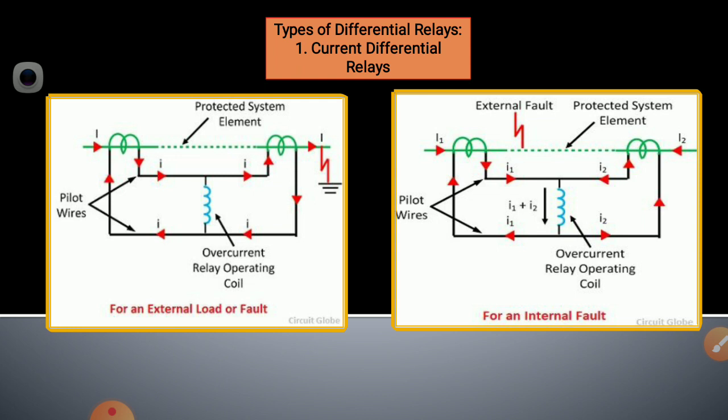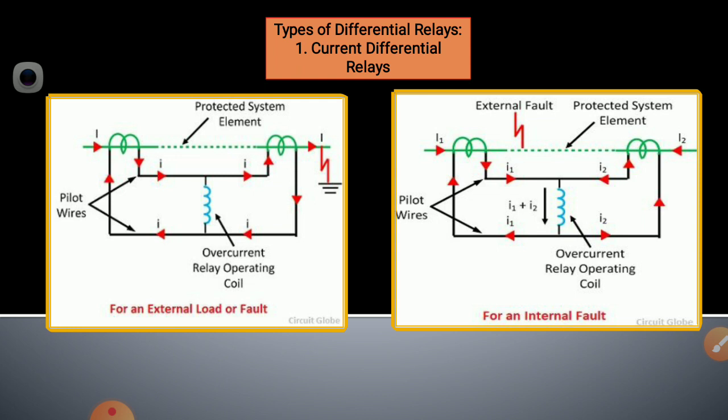So normally when there is no fault or there is an external fault, the current in the two CT secondaries are equal and the relay operating coil therefore does not carry any current. So first part is the construction, that means the green dotted line is the protected zone.